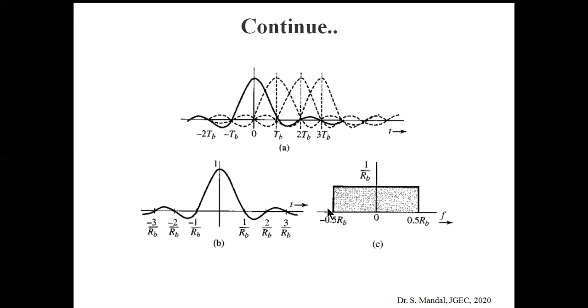But if we use the rectangular pulse, the corresponding Fourier transform is the sinc function, whose theoretical bandwidth is infinite in nature. As this is strictly band limited, it has less effect, or no effect, on pulse spreading, because pulse spreading mainly occurs due to the band limited channel or improper characteristic of the channel.